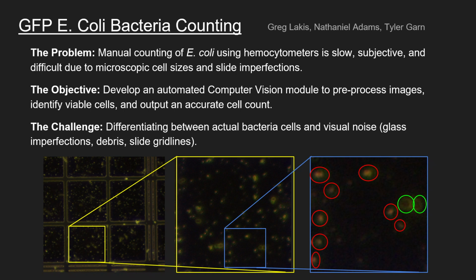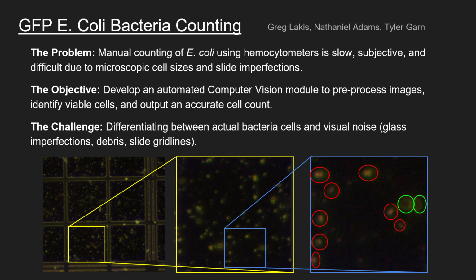And so the objective here is to create an automated computer vision counting process where we will, one, process the images, and then two, pass it to a model which will then give an accurate cell count. The challenge here is being able to train the model to differentiate between cells and visual noise, such as glass imperfection.